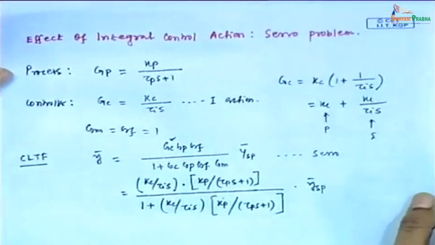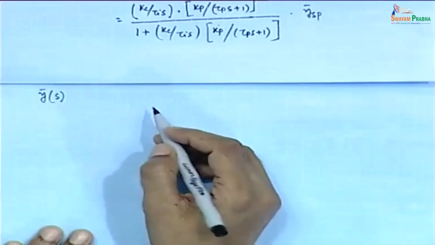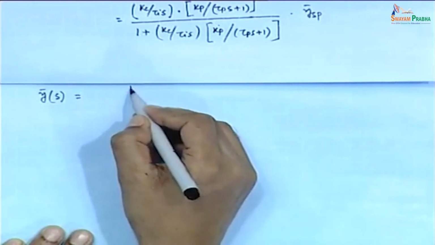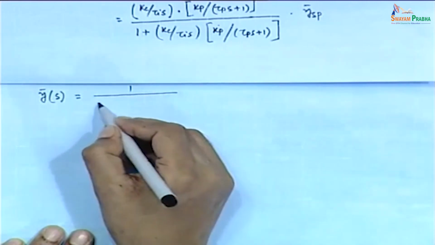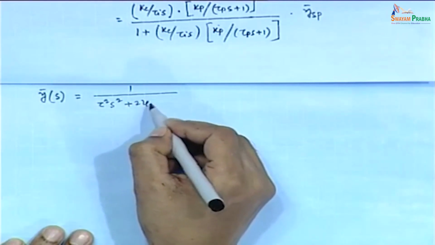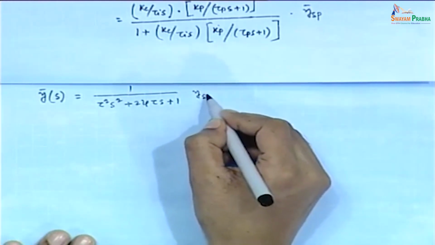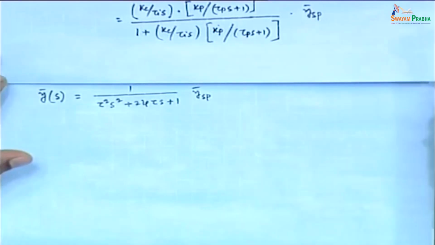If we simplify this expression, then we obtain y bar s equals 1 divided by tau square s square plus 2 zeta tau s plus 1. Simplifying, we obtain this expression multiplied by y set point bar.